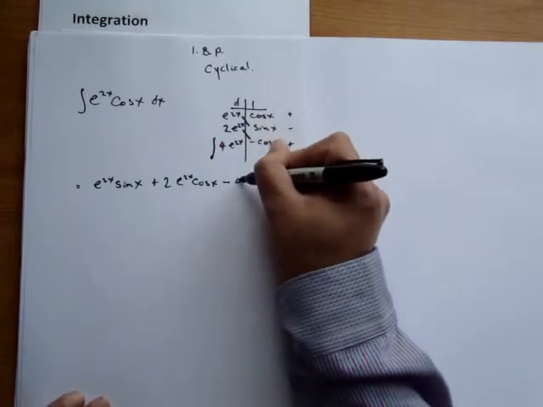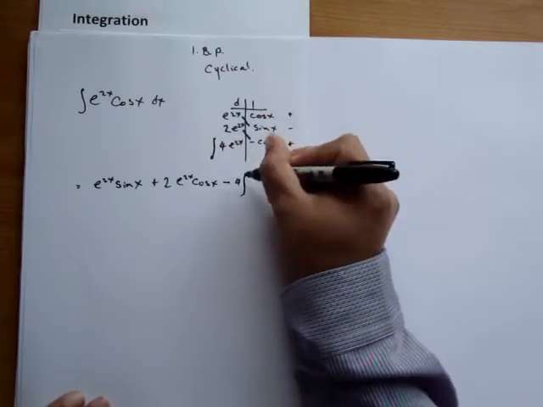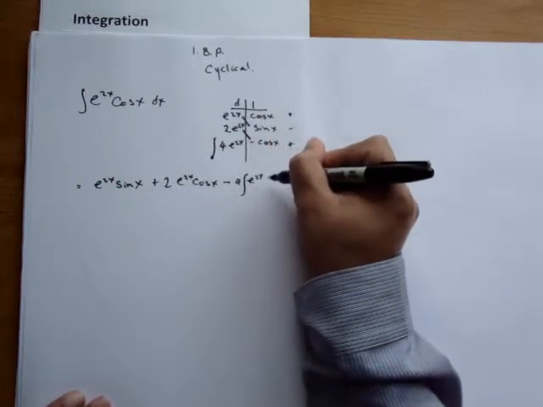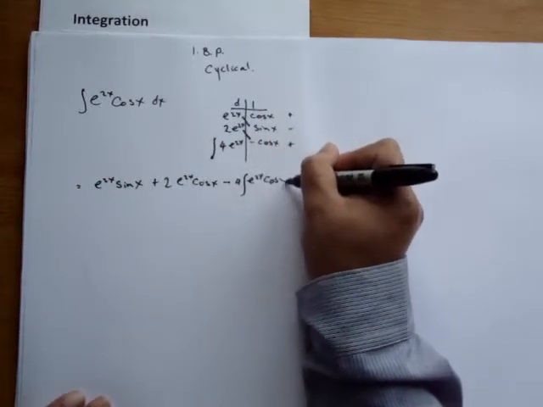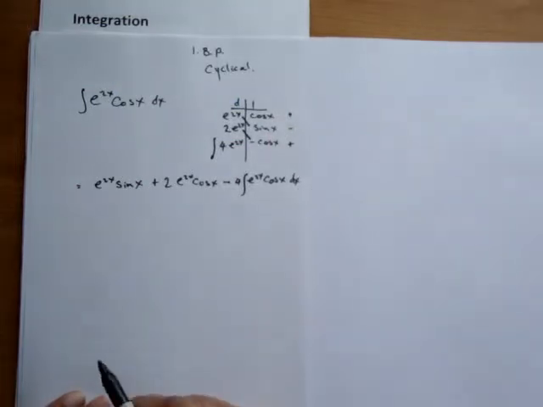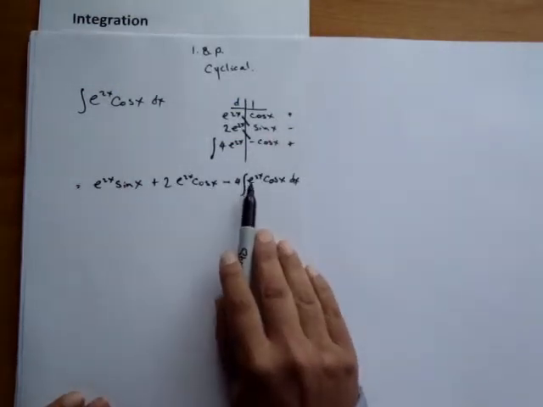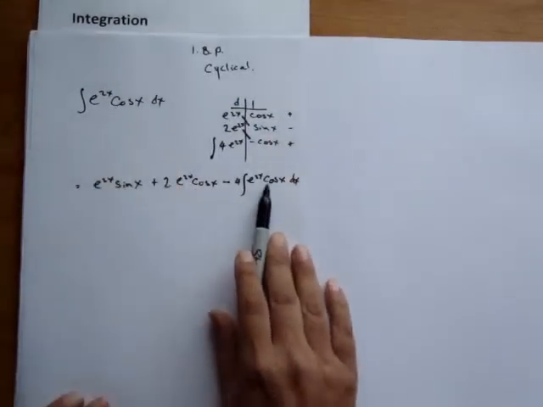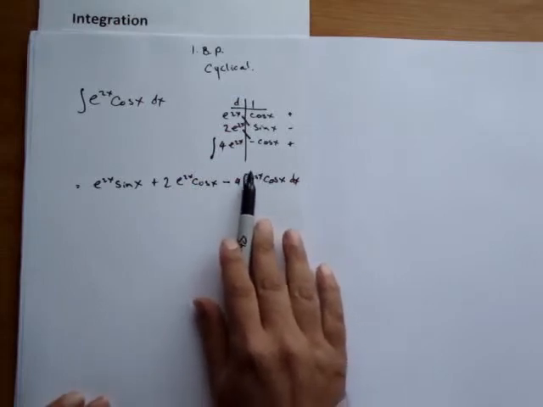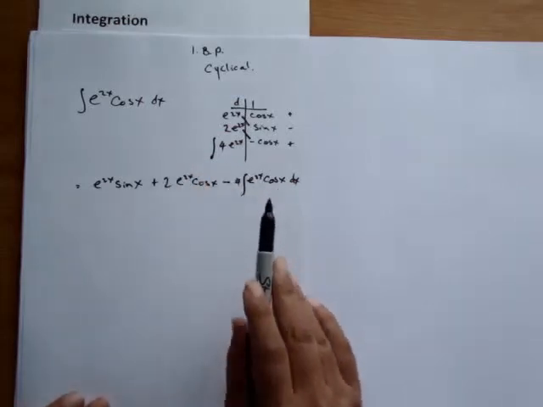Bring the 4 to the outside of the integral sign, e to the 2x cos x dx. And what we notice is this has appeared again here, so it looks like we've gone in a complete circle and we're going to have to do all this again.